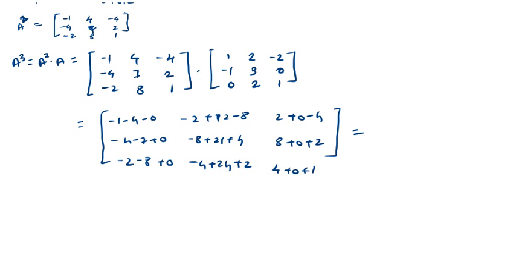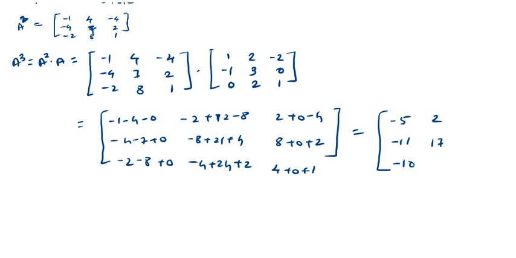So finally we will get this matrix: minus 5, minus 11, minus 10. Then minus 2 plus 12, it's 10 minus 8, it's 2. Then 11 minus 21 minus 4, 21 minus 4 is 17.